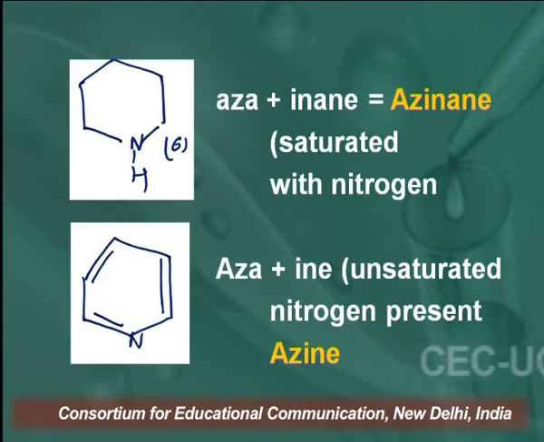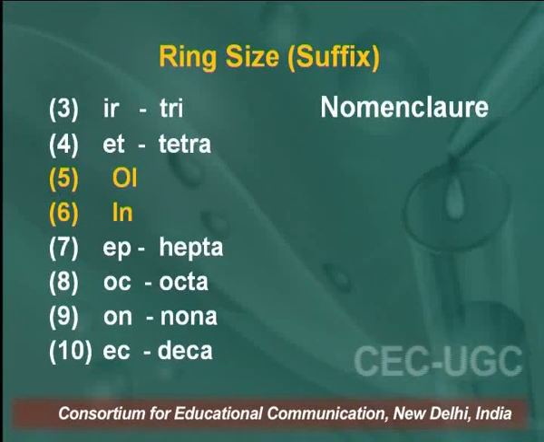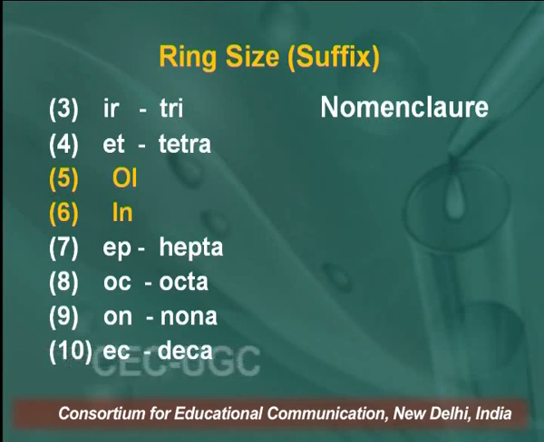Similarly, next the common name is pyridine. Here aza, because nitrogen is present over here, it is a 6-membered ring, in, and ine because it is unsaturated. So it will be azine. The suffixes we have taken are ir from tri representing 3, and et from tetra.